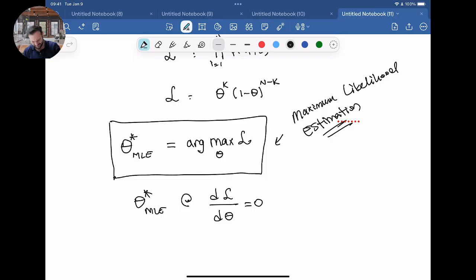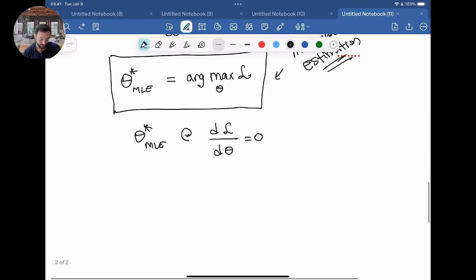But taking the derivative of this is a little bit difficult. And as we move forward with some other probability functions, you will see that they always follow some exponential family of functions. And with exponential family of functions, taking derivatives is not so nice.